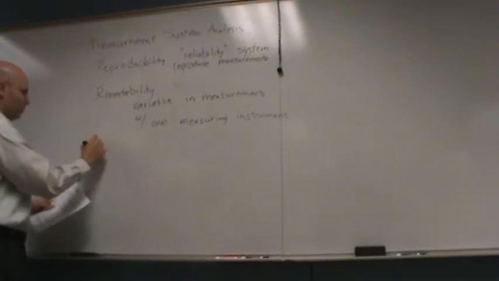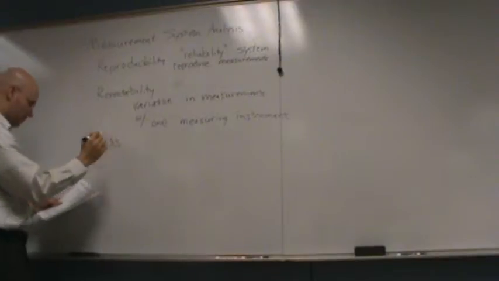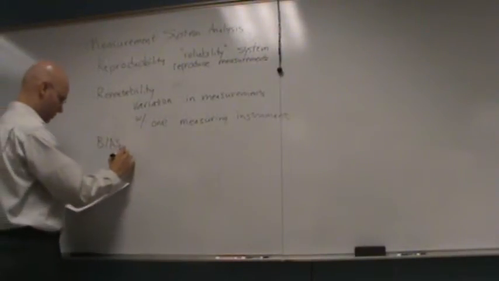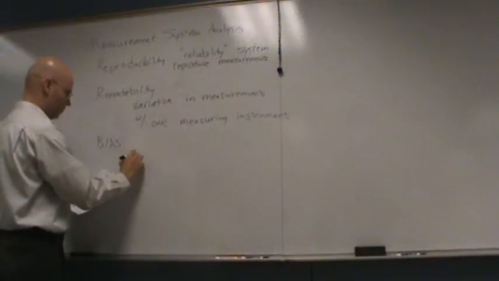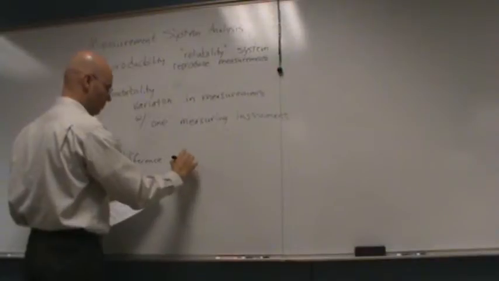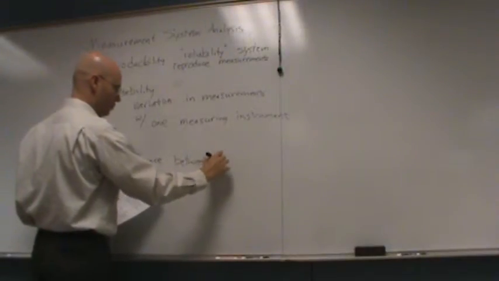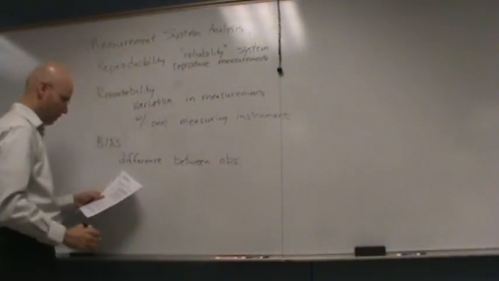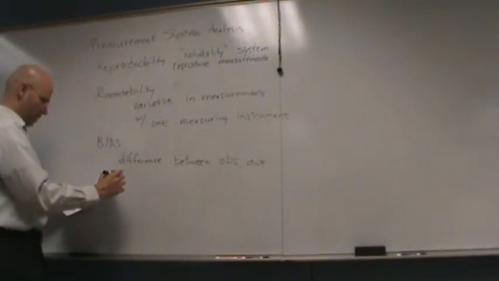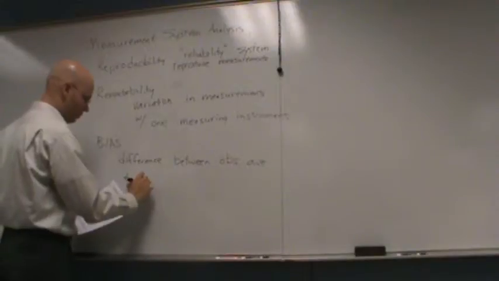We also have another term called bias, which is a difference between an observed average and a reference value.